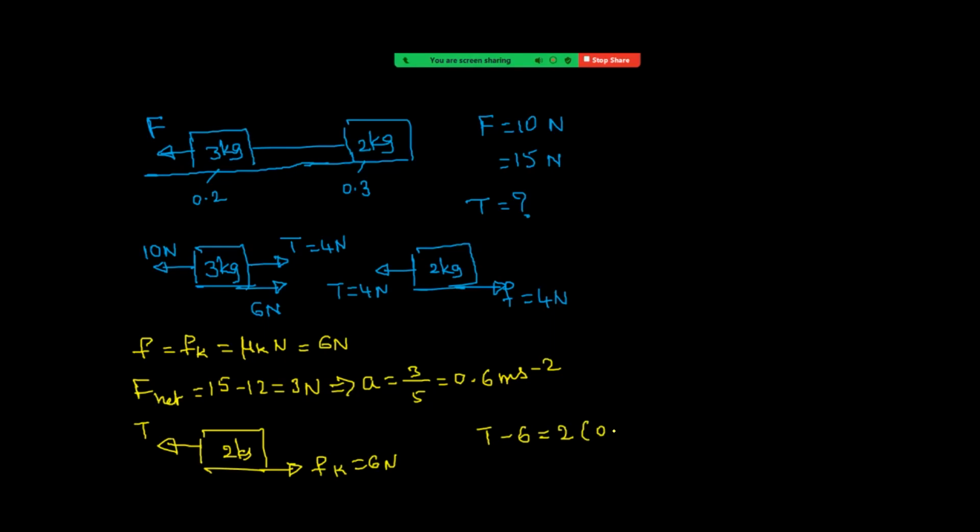Acceleration is now 0.6. So tension equals 6 plus 1.2, which is 7.2. We got the same answer as in the earlier question. So in fact, both are the same kind of questions. Just here we have taken tension, while in the earlier problem the blocks were in contact. Okay. Let us see the next problem.